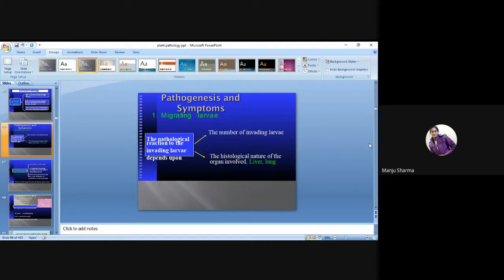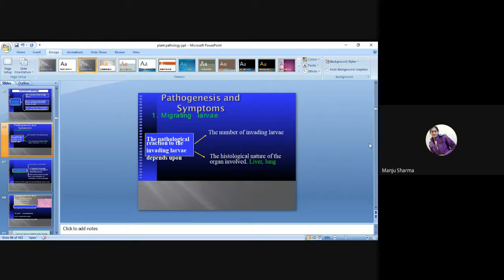First is the migrating larva. The pathological reaction to the invading larva depends upon the number of invading larvae and the histological nature of the organ involved.